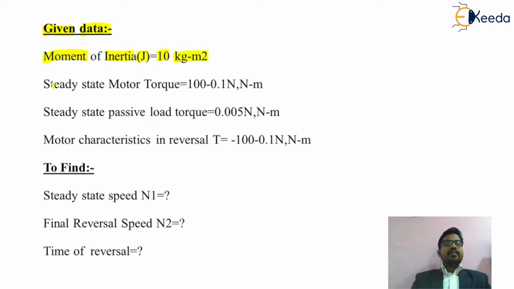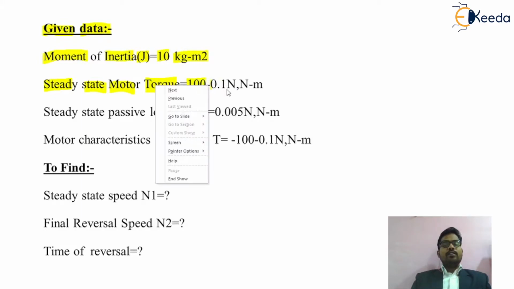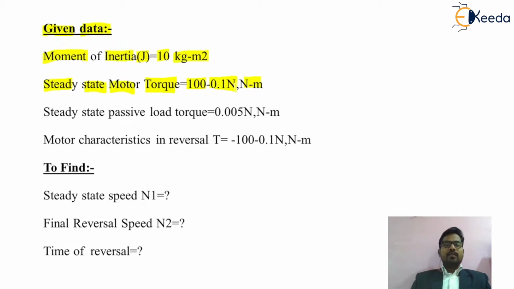Then the second parameter of the given data is the steady state motor torque. The value of the steady state motor torque is equal to 100 minus 0.1 N Newton meter. What do we mean by N? N is the speed in RPM that we have given in the problem.